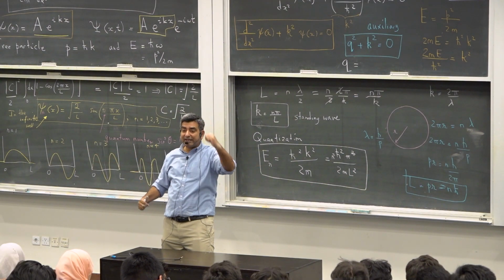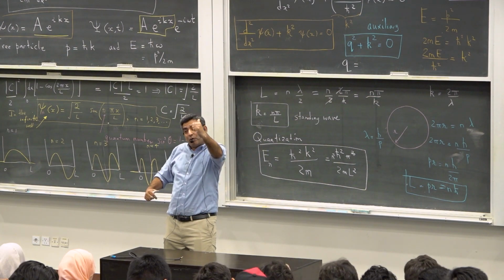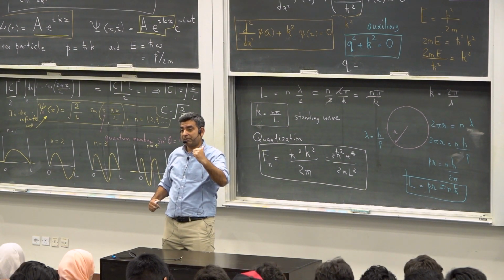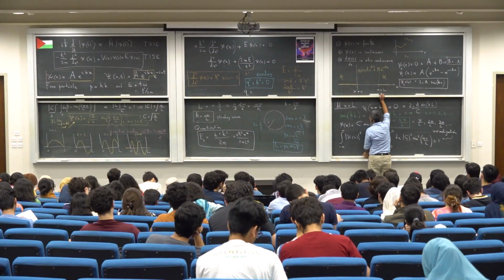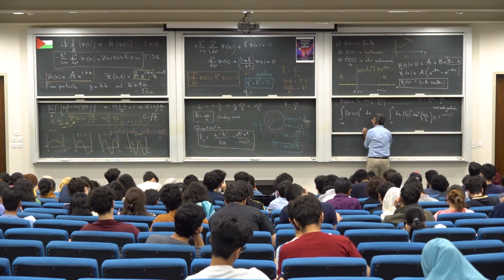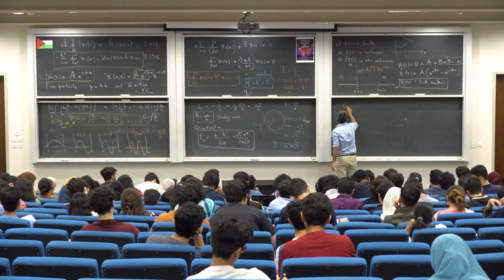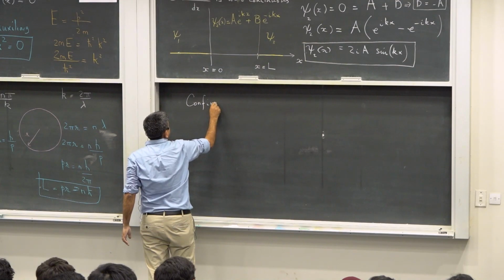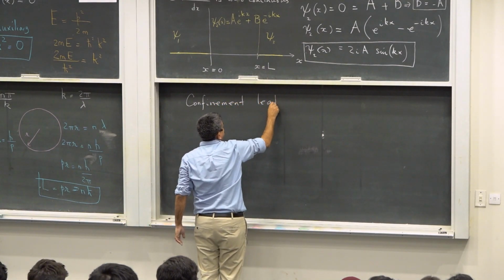But here only precise values of k are allowed. Only quantized values of k are allowed. Only quantized values of energy are allowed. So if I were to write down this golden principle of quantum physics, this is what it would mean. Confinement leads to quantization.